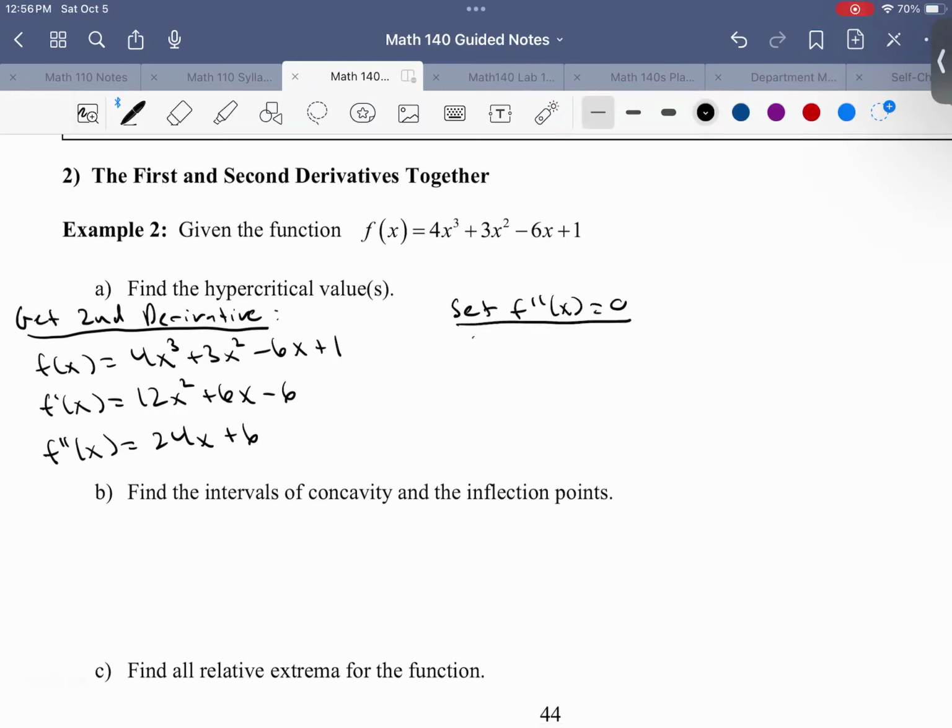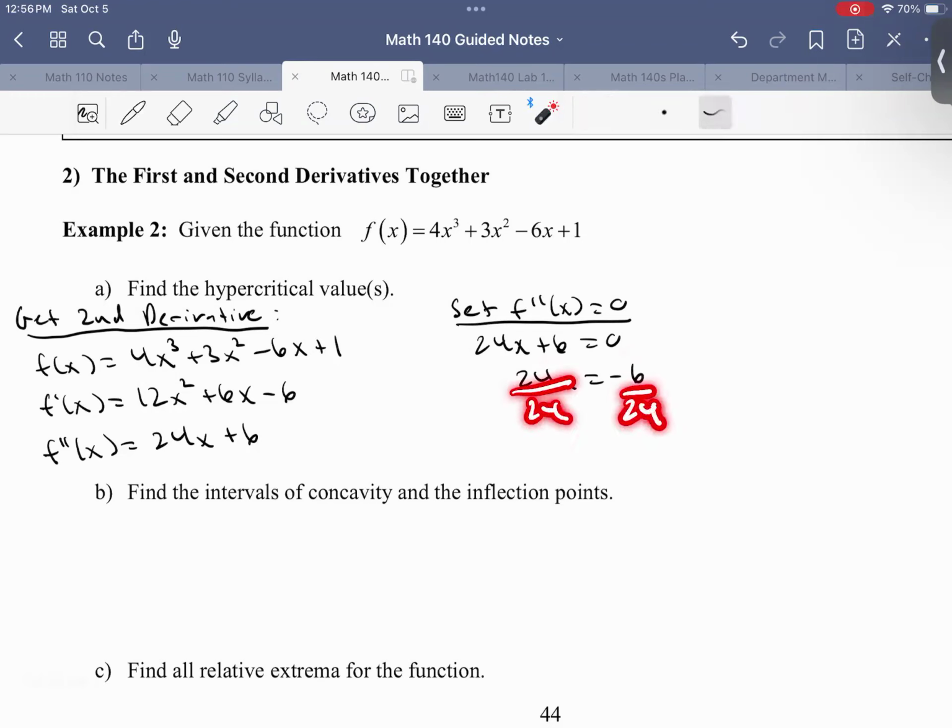So I'll have 24x plus 6 equals 0. I'm going to subtract 6 from both sides. I'll get 24x equals negative 6. I'm going to divide both sides by 24. I'll get x equals -6 over 24.